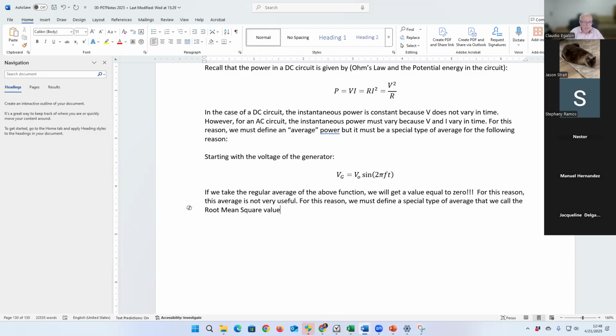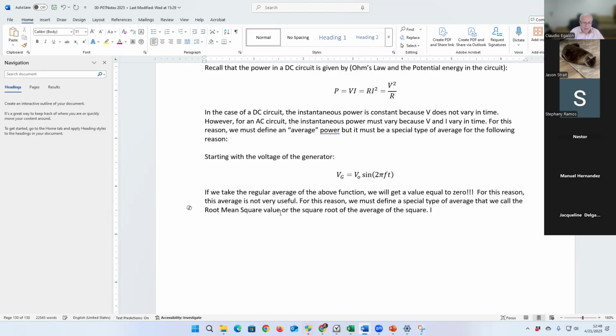And what is this root mean square value? It is the square root of the average of the square. The square root of the average of the square.